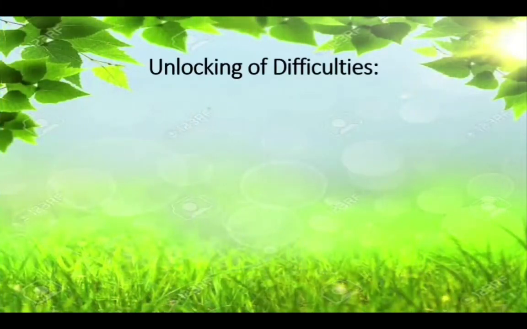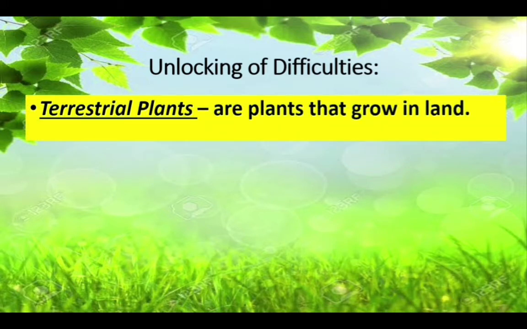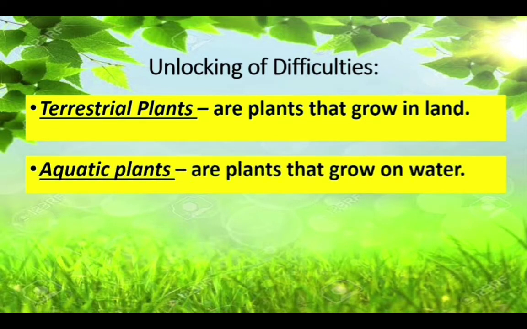And now, let us unlock some words that we can encounter as we go on with our discussions. Terrestrial plants are plants that grow on land. Aquatic plants are plants that grow on water.